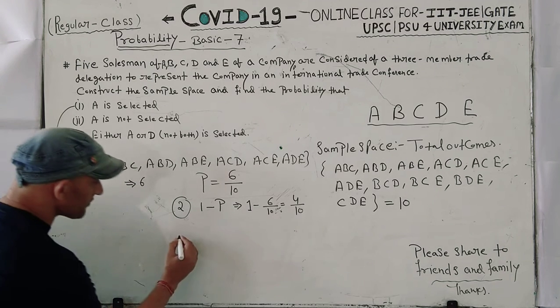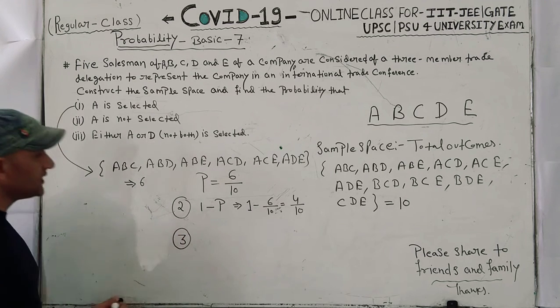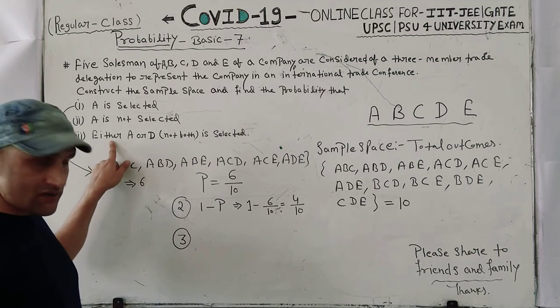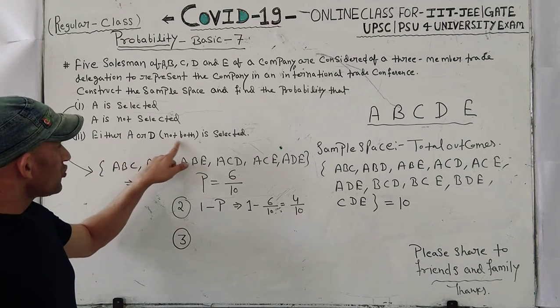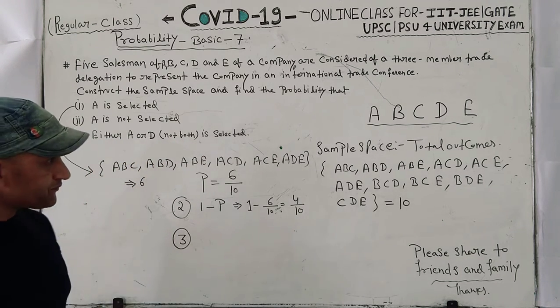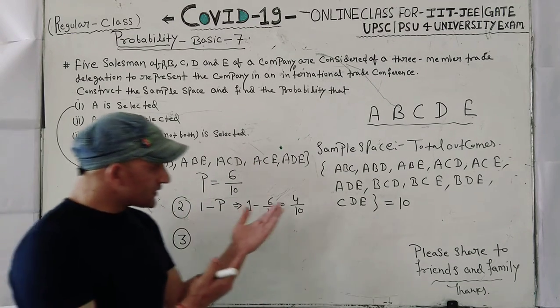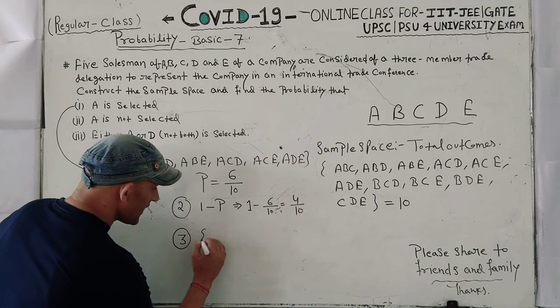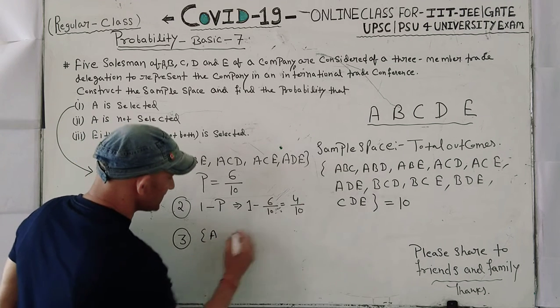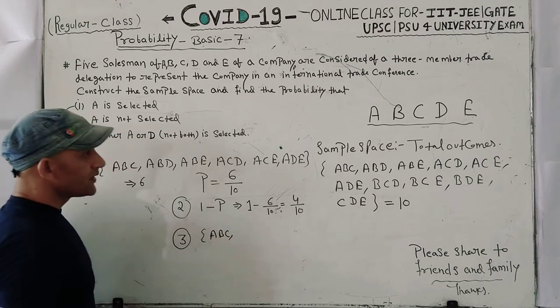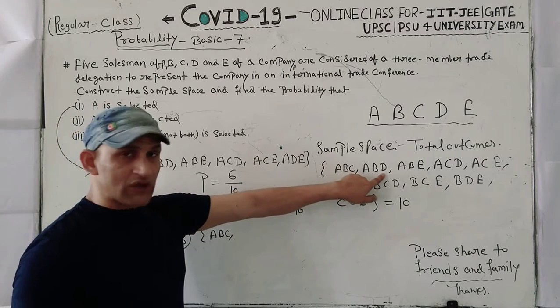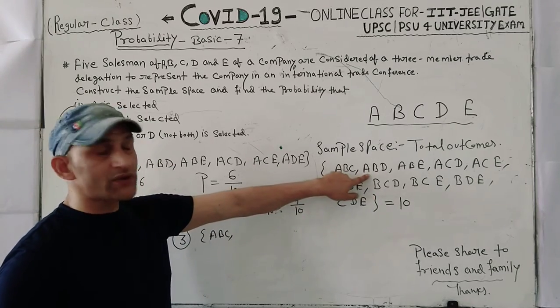Now question number 3: either A or D, but not both, is selected. You have to select where A is present. The first is A, B, C. Here A and D both are present, so we skip this one.